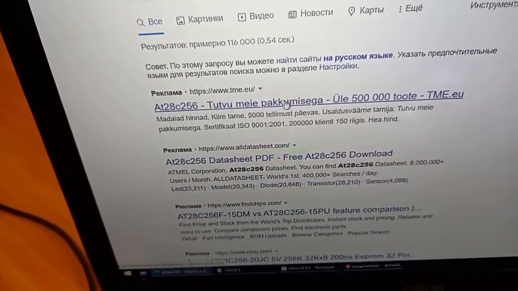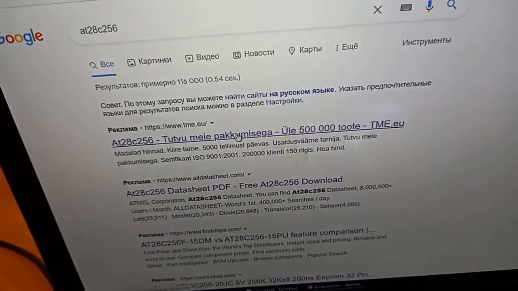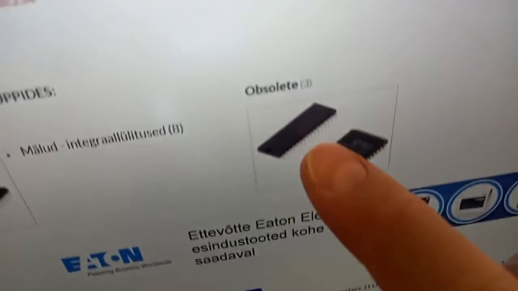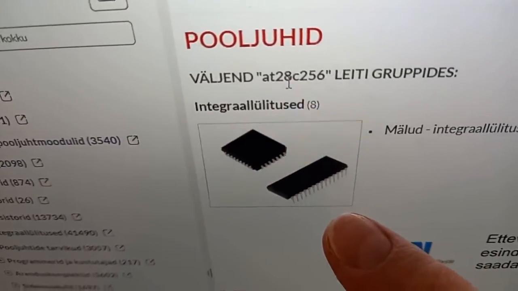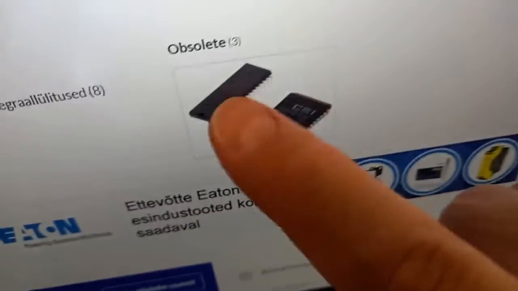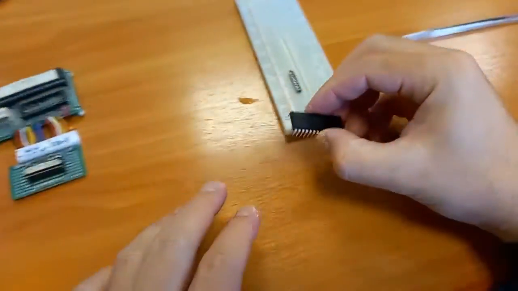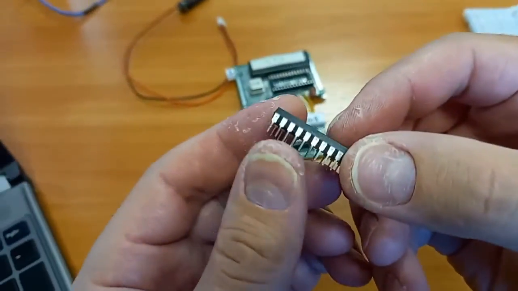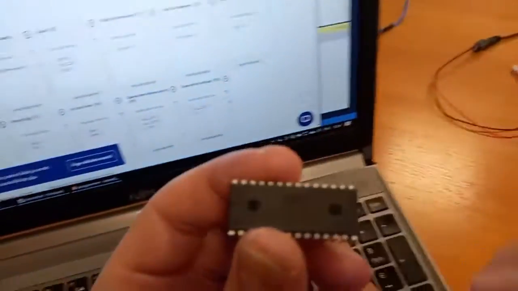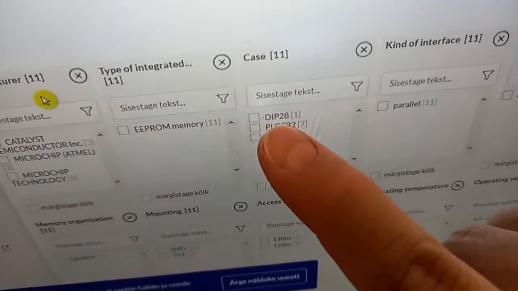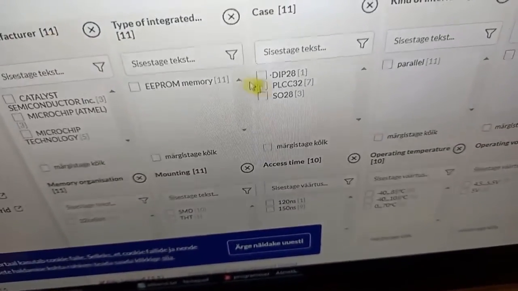I don't know about this web store, if it's good or not, but we definitely have them here. When we have legs like this, that means DIP. That's the package that we want.